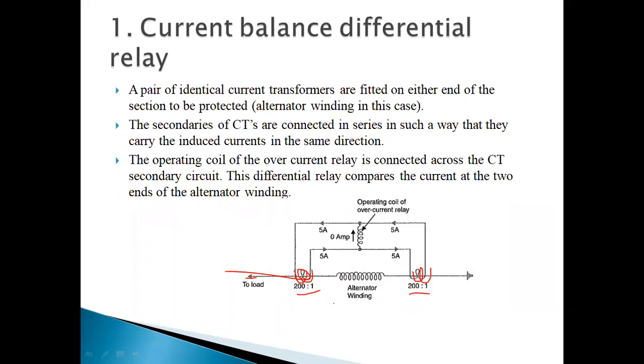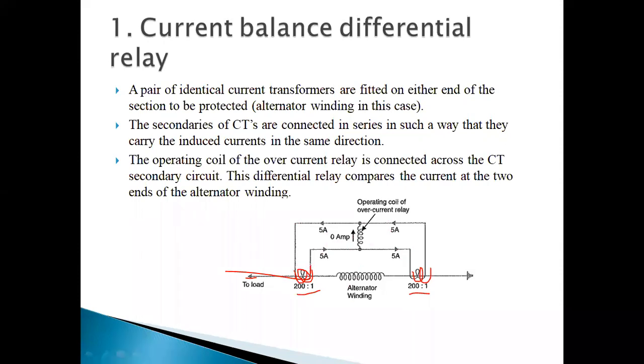For the protection purpose we are using this relay, and how actually it is protecting we will see. Here two current transformers are used, this first one and this second one, and these two are connected in series. But how? Just see their current direction.